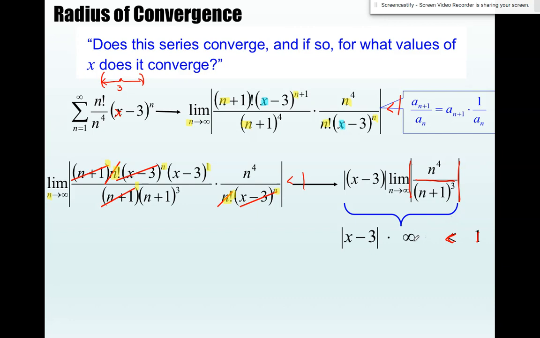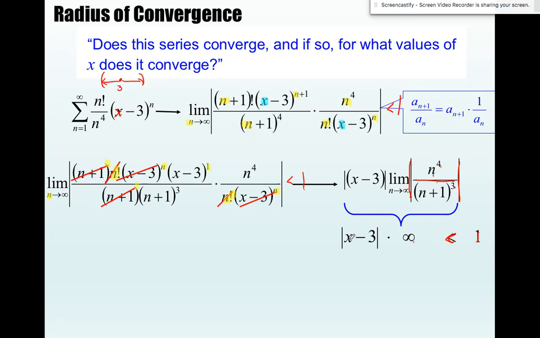Where did this infinity come from? I have the fraction n behavior as n goes to infinity, n to the 4th over n something cubed, top heavy. I do not have a horizontal asymptote. This goes off to infinity. Look at this now. I can't divide both sides by infinity. Stop it. But think about what's happening.